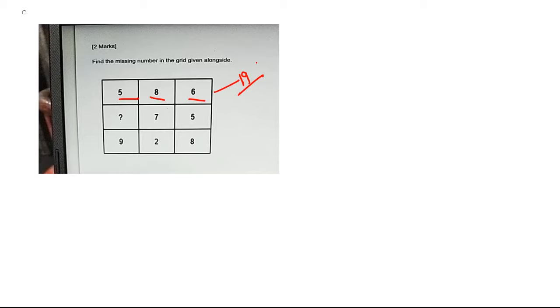Okay, so that's what I want to say. So here also you will do 9 plus 2 plus 8, that will be 90. So here also we'll be looking for the sum 19 only. So 7 plus 5 will be 12. So 12 plus 7, if in the place of question mark we put 7, that will give us 19. So that's why the correct answer for this one will be 7.